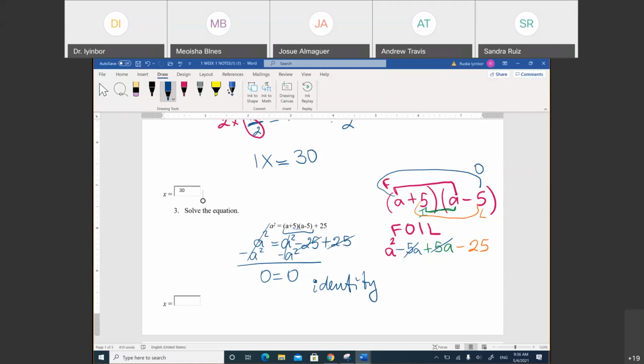So the solution of this equation is all real numbers. Okay? So the equation is an identity because it's always true. 0 equals 0 is always true. So the solution is any number for a in this case. That means the solution is all real numbers.